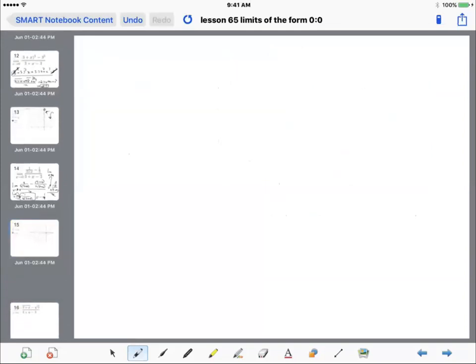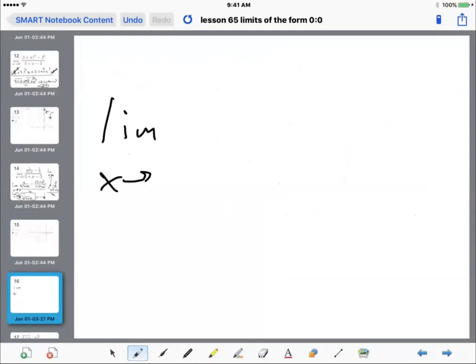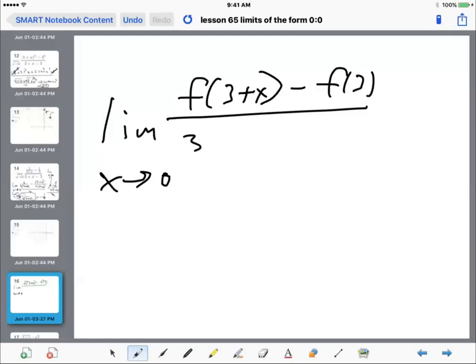You may have noticed that every expression we've seen so far has had this form, f of 3 plus x minus f of 3 over 3 plus x minus 3.